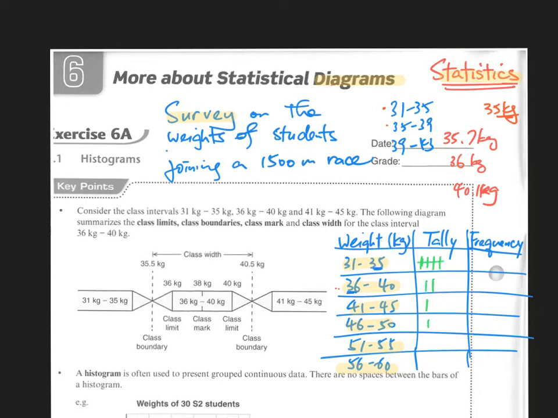Suppose my data is as follows: 5, 2, 1, 6, 7, and 5 at last. Finally, you get the total number of students you're considering: 5, 5, and 10, 7, 2, 1, another 10. So totally 26 students participating in the 1,500 meter race. So this is a very quick survey and how we collect the data in a table.